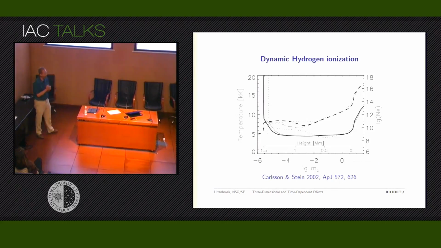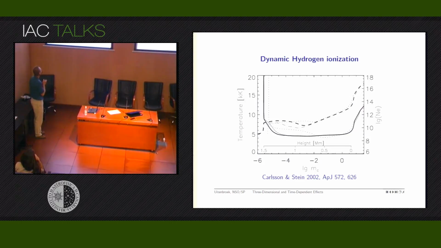But they also affect very much the hydrogen ionization, and therefore the electron density. So what I show here in this plot is the temperature in solid and the electron density in dashed lines of the initial state in the thin lines, and the average state of such a hydrodynamic simulation in one dimension.